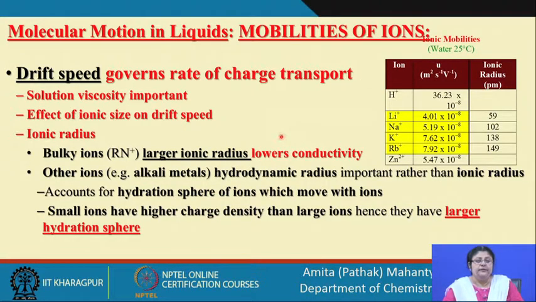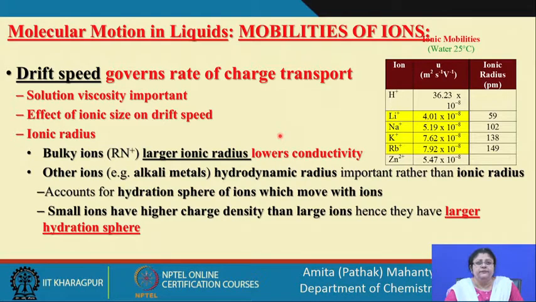So, if the drift speed changes, the ionic mobility is directly proportional to it. The drift speed is dependent on the viscosity of the solution eta, which is inversely proportional to the drift speed. It also depends on the size of the ion which we are dealing with, because A is the radius which we are talking about.